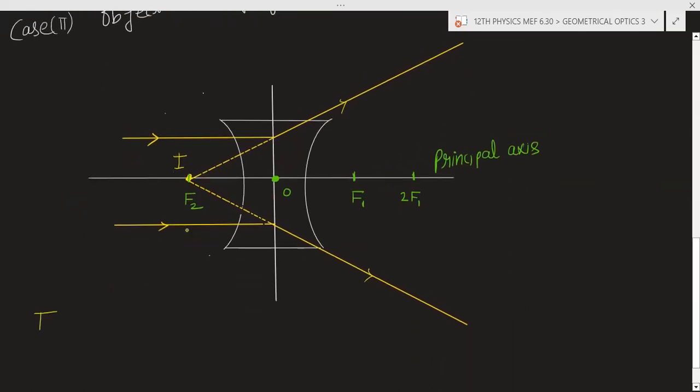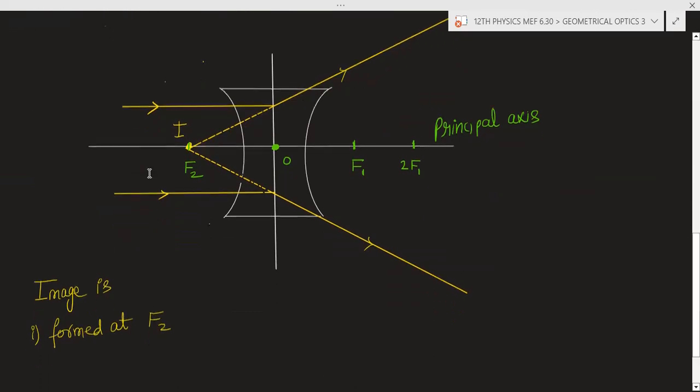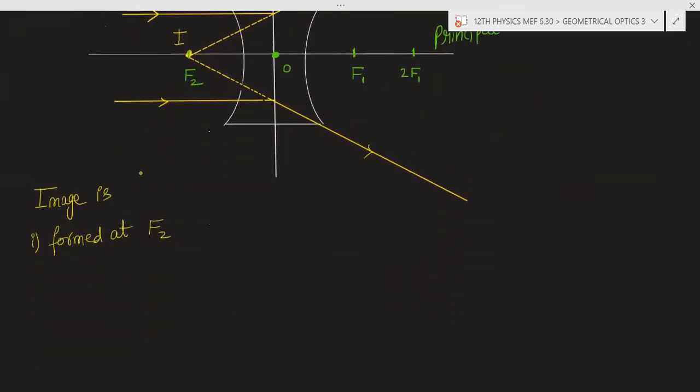So you can say, number one, the image is formed at F2. F2 means the principal focus of the concave lens. And the image is virtual and erect.